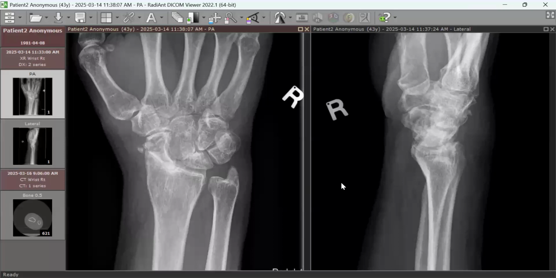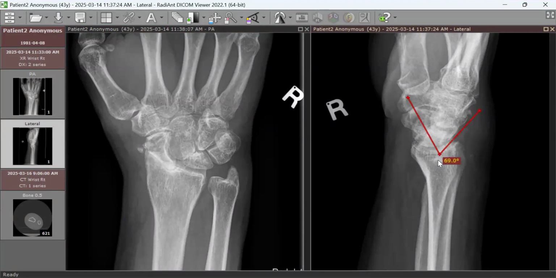So in this case, I will show you something now. This is the scaphoid, and this line is parallel to the lunate axis.